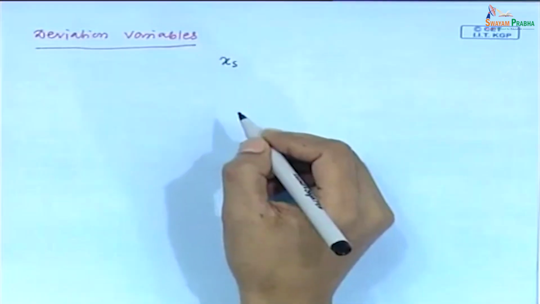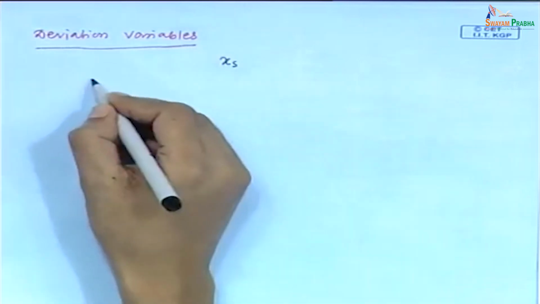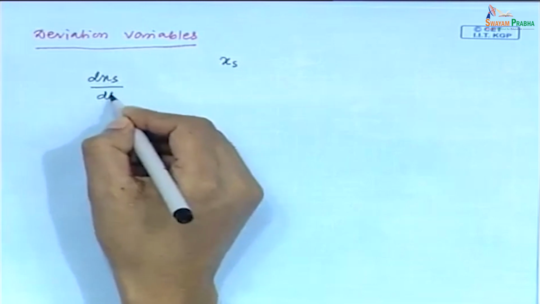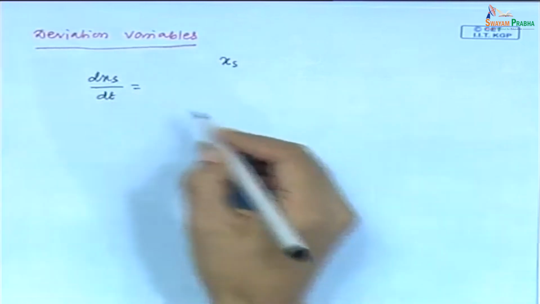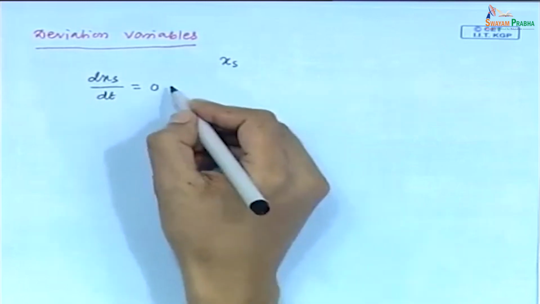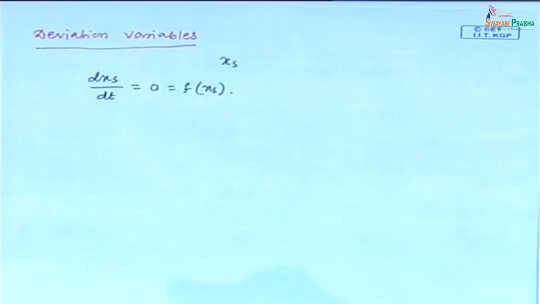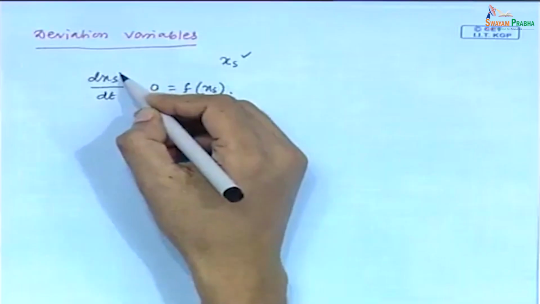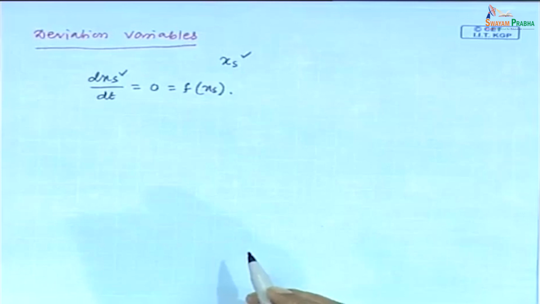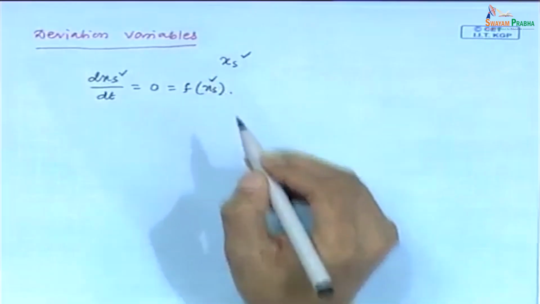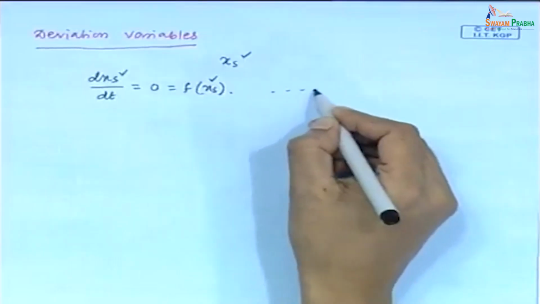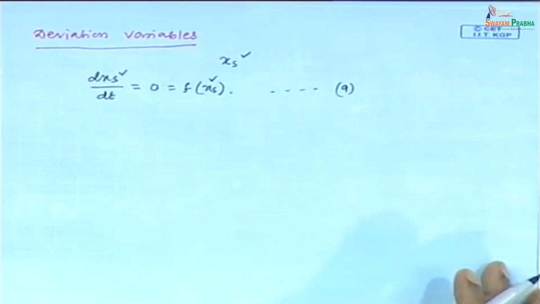If x equals xs at steady state, then we can write dxs dt equal to 0 equal to function of xs. The steady state value of x is xs. Xs is constant, that is why the derivative of that constant term is 0, and this is the function of x. Now we are replacing x by xs, that is why that is f xs. This is, say, equation number 9.